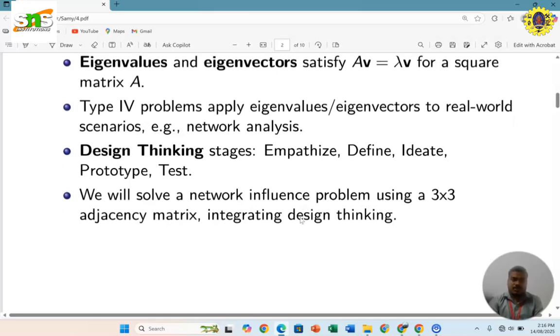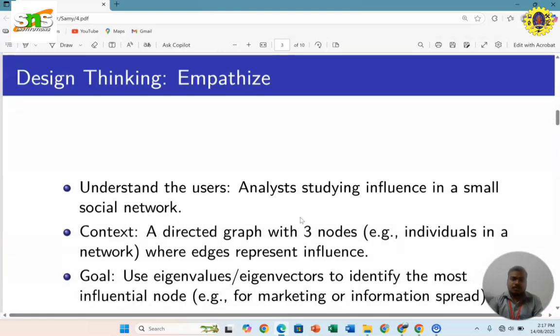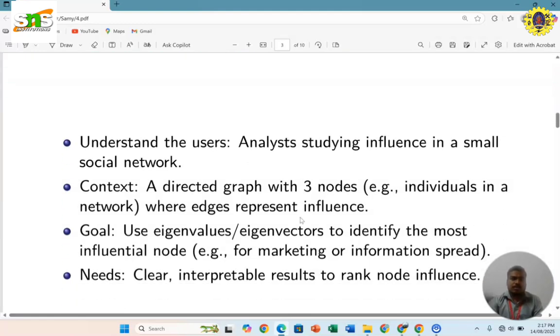The design thinking stages we have to utilize are empathize, define, ideate, prototype and test. So we will solve a network influence problem using a 3x3 matrix. First thing is empathize, understand the users.